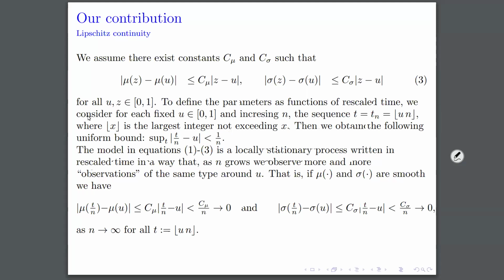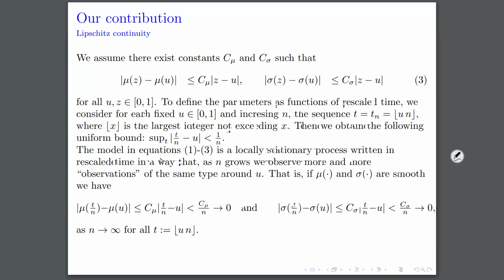With this uniform bound, we can form the so-called locally stationary property of our functions, which means that as the number of observations n increases, we can observe more and more observations around the same time point u. This locally stationary property is very crucial for us to estimate these time varying parameters on a finite grid.